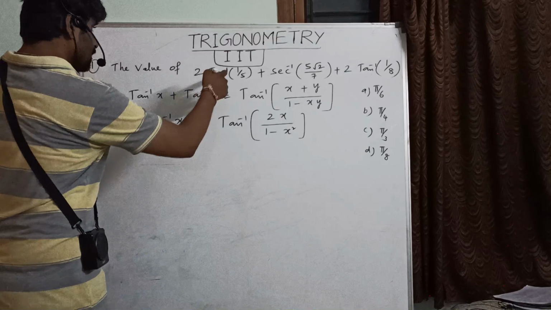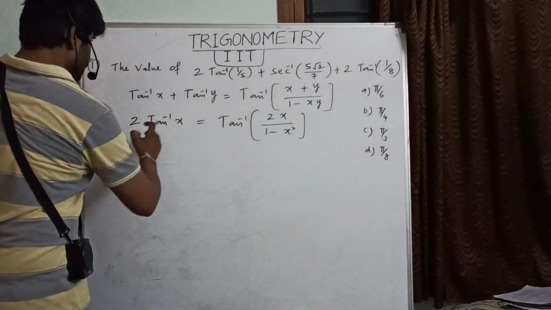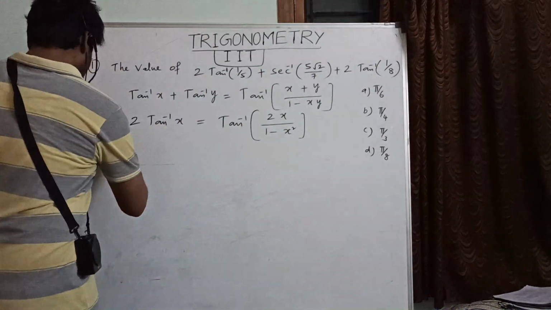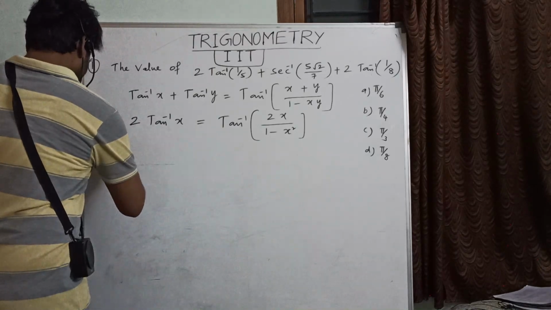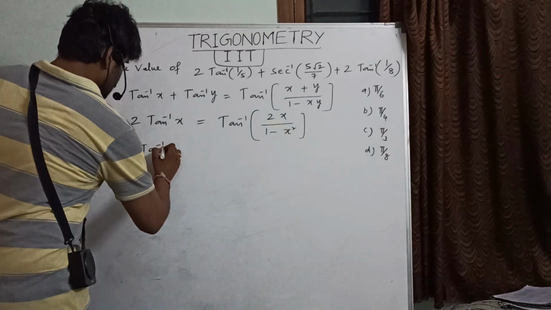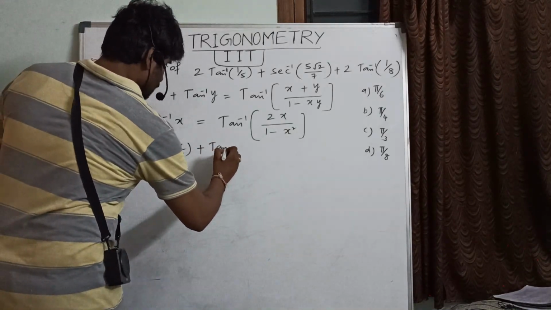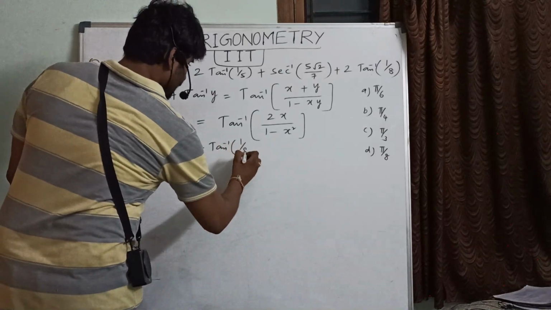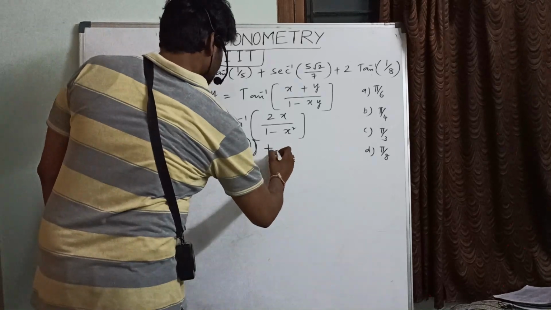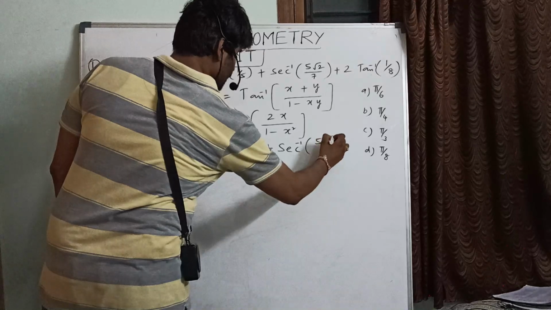Okay, see what was given, 2 tan inverse of 1 by 5. Now let me combine the first term and last term. So what was given there? 2 into tan inverse of 1 by 5 plus tan inverse of 1 by 8, plus secant inverse of 5 root 2 by 7.